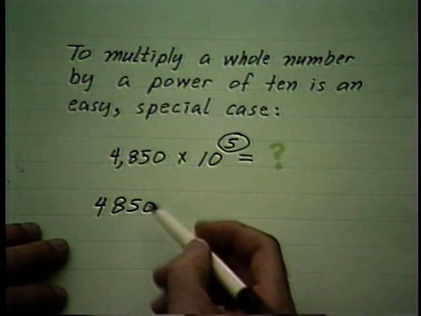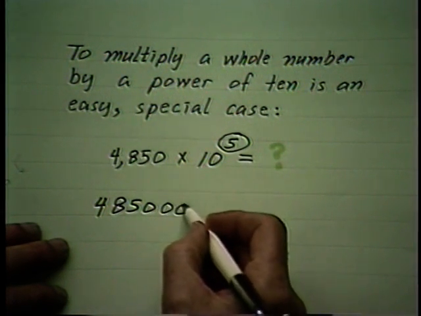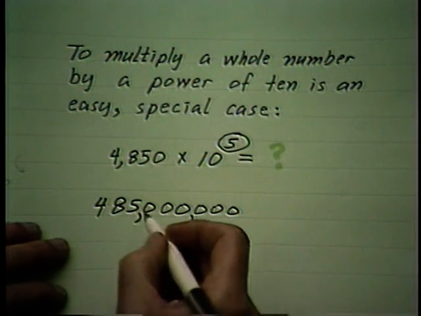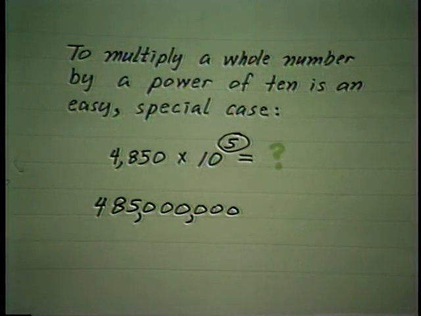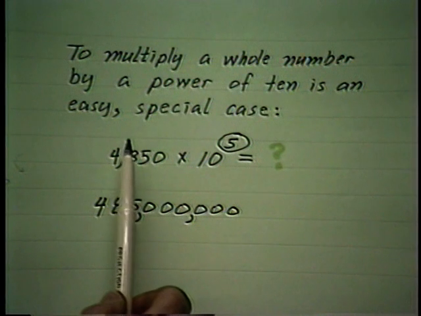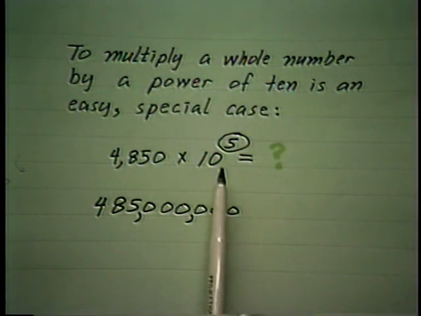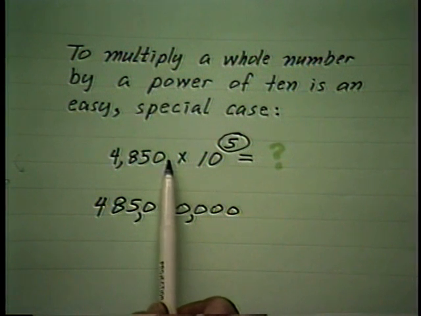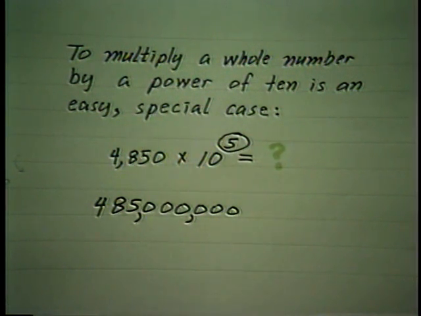So its exponent is 5, so we append 1, 2, 3, 4, 5 more zeros. Just that easy. Be cautious. When you get to decimals, we need to alter this rule somewhat. But with whole numbers, simply stick on that many zeros.